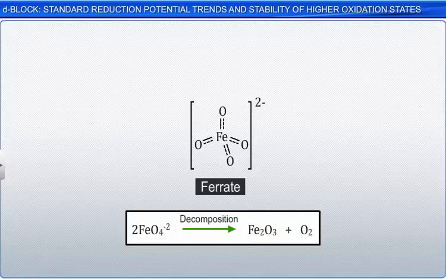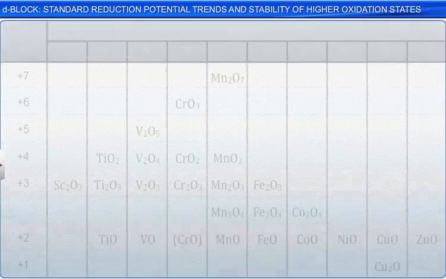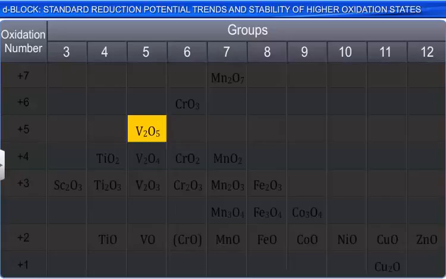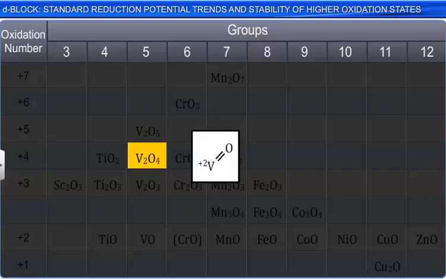Apart from oxides, oxygen also stabilizes higher oxidation states in the form of oxocations. For example, vanadium 5 is stabilized as dioxovanadium 5 ion, vanadium 4 as oxovanadium 4 ion, and titanium 4 as oxotitanium 4 ion.